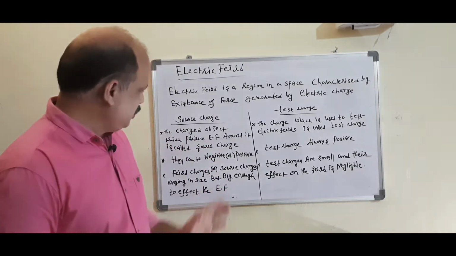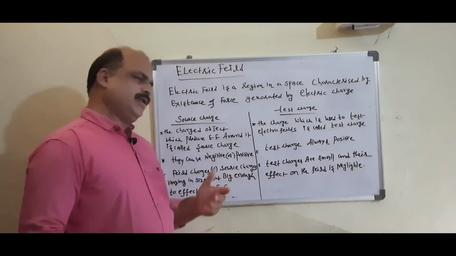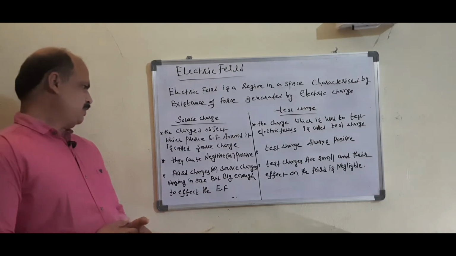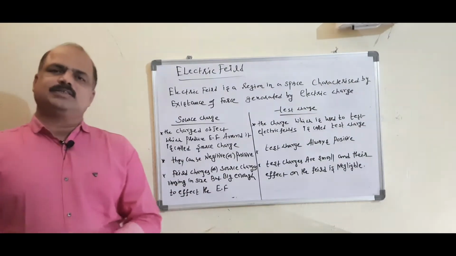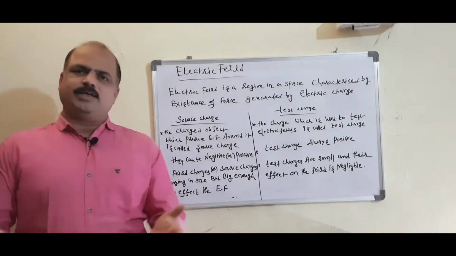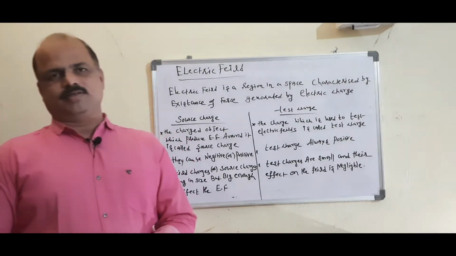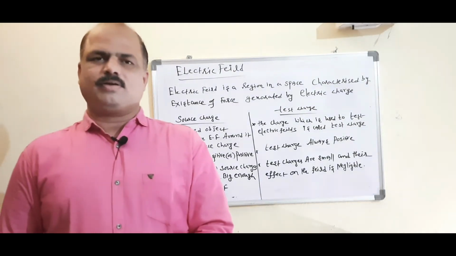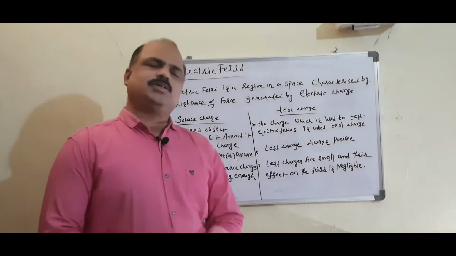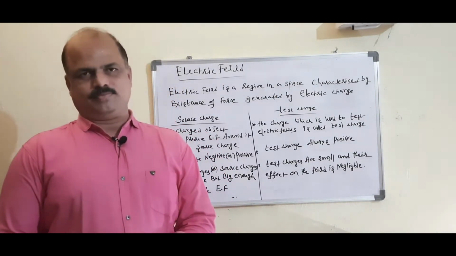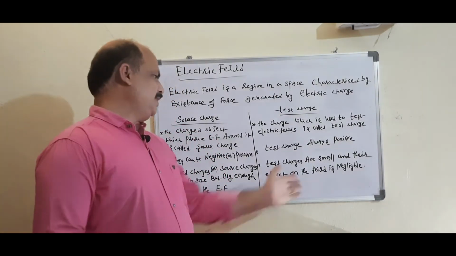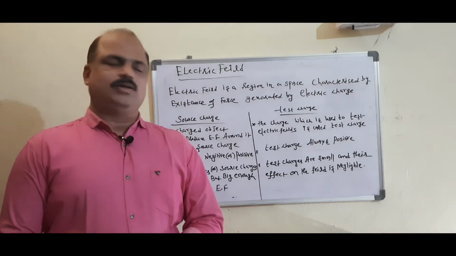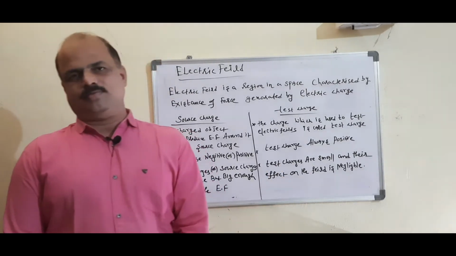So source charge may be negative or positive, and they vary in size, but they are big enough to affect the electric field. Test charges are always small, and their effect on the fields is negligible.